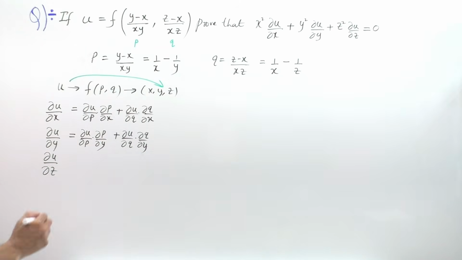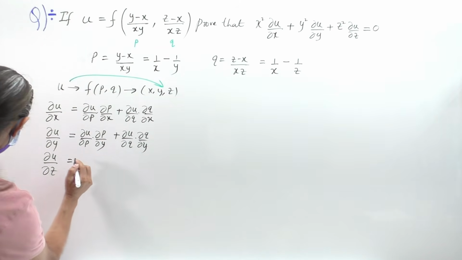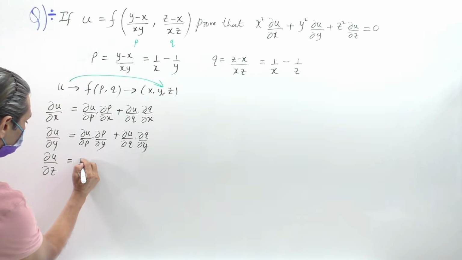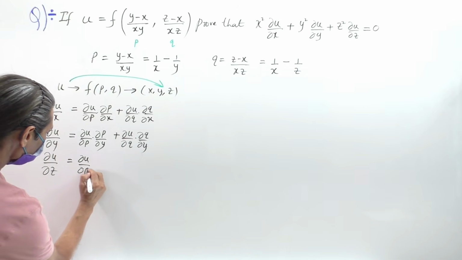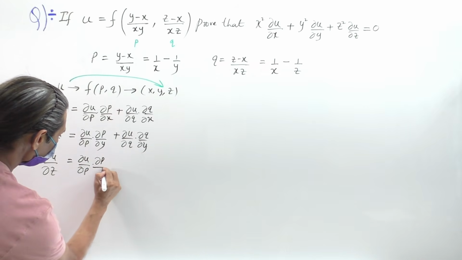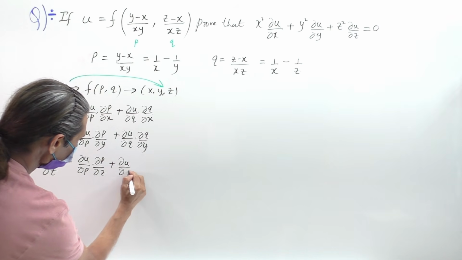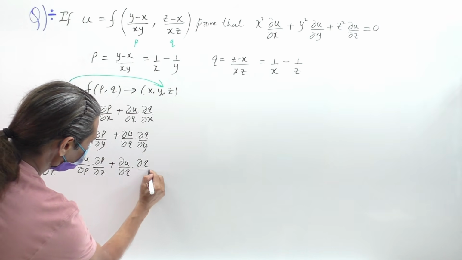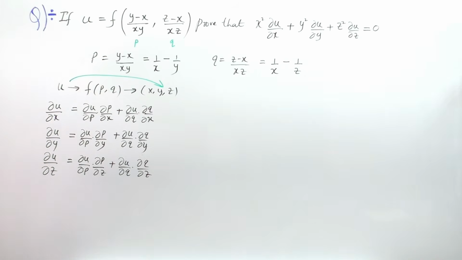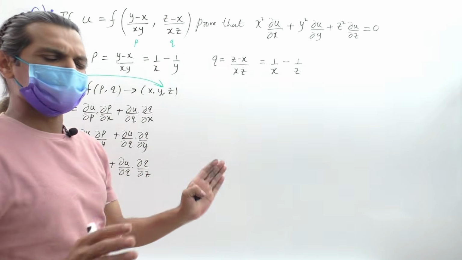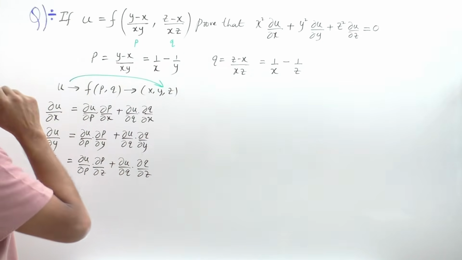And the last one, dou u by dou z, will be how much? Dou u by dou P into dou P by dou z plus dou u by dou Q into dou Q by dou z. That's it. I hope it's clear now. Correct? See, dou P cancels, dou Q cancels. What remains? Dou u by dou z. This is how we write the chain rule. Very, very simple way. Okay, understand like this.